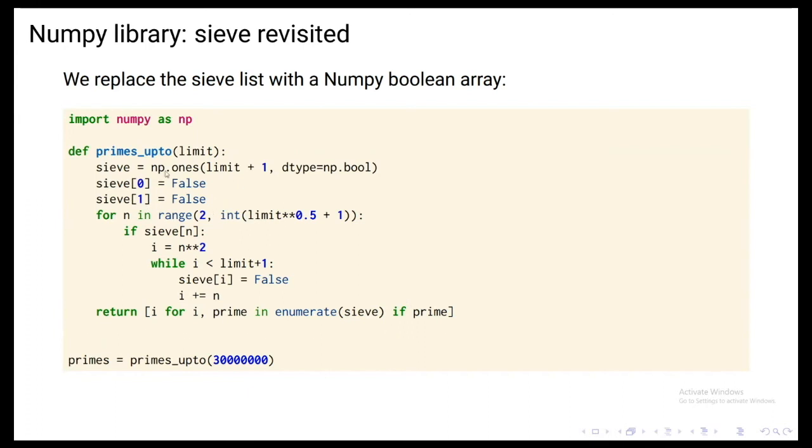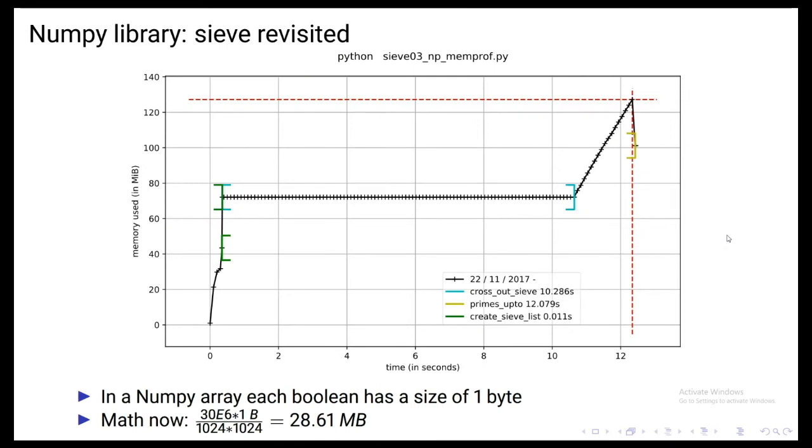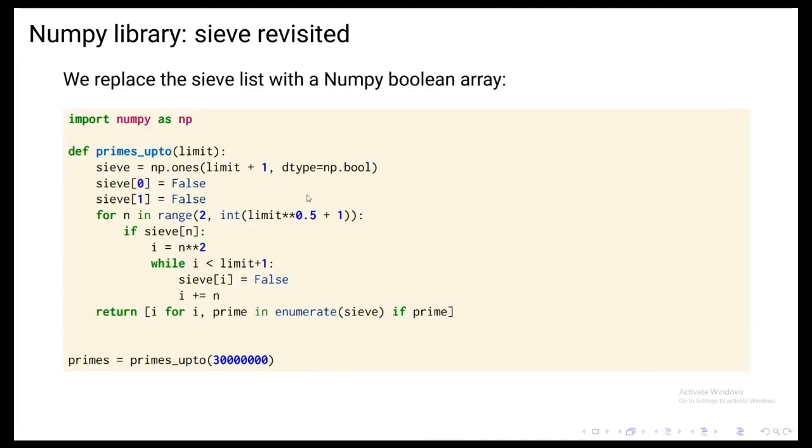So the only thing we did was, instead of creating a Python list, we create a NumPy array. For a NumPy array of data type Boolean, it needs only 1 byte to be saved in memory.